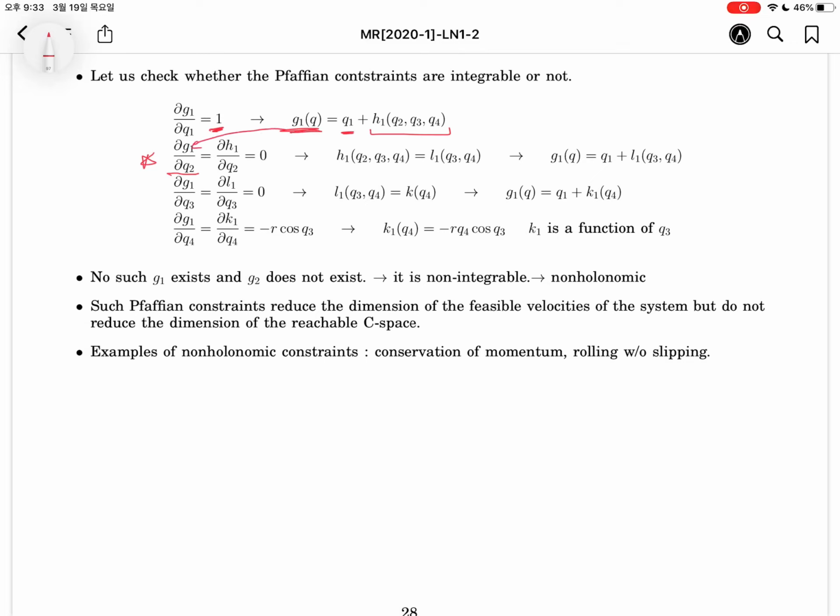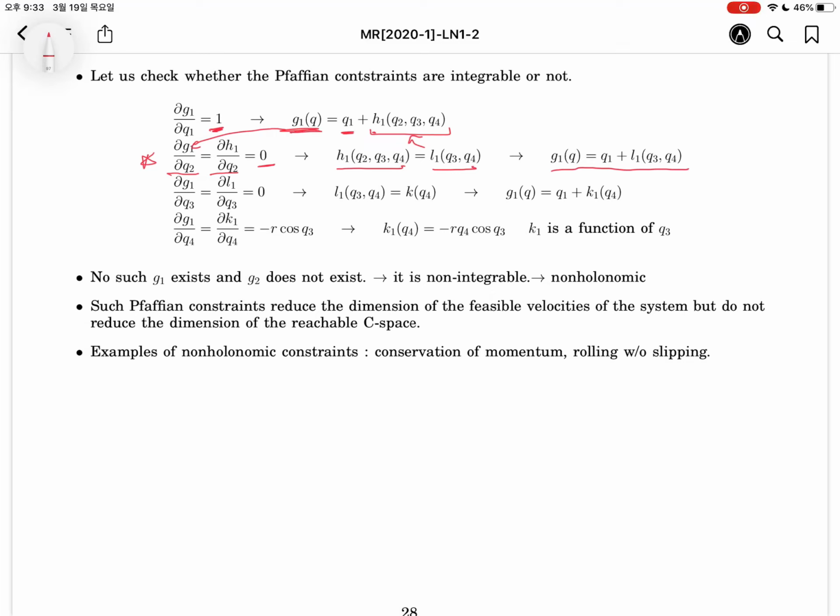In this case, this g1 is applied, so round h1, round q2 remains. It should be 0, according to the previous page. So let's take the integral of both sides. h1 will be a function of q3 and q4. Let's denote it as L1. So this is applied to here.